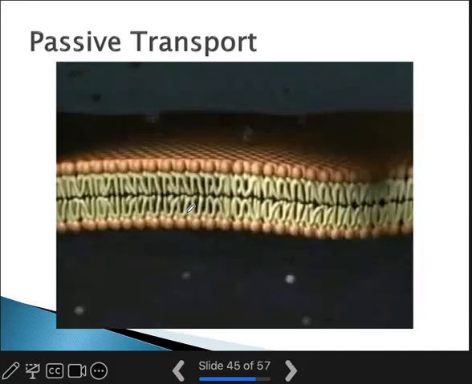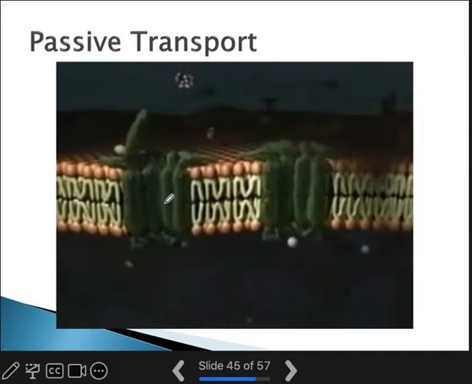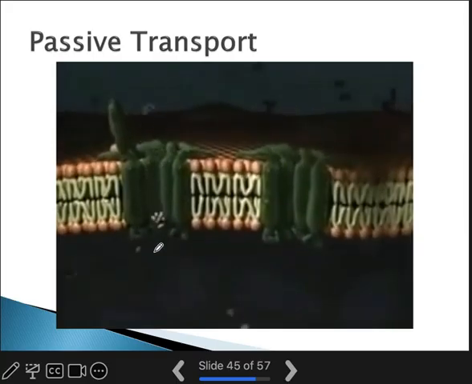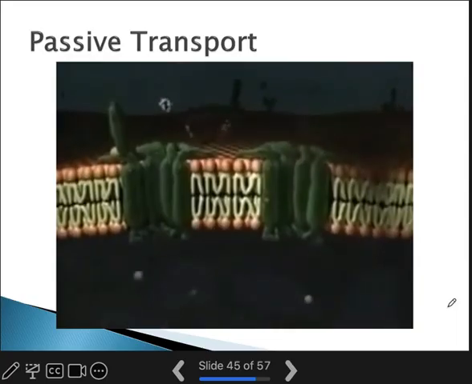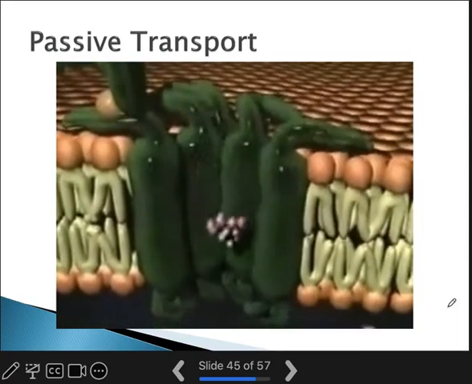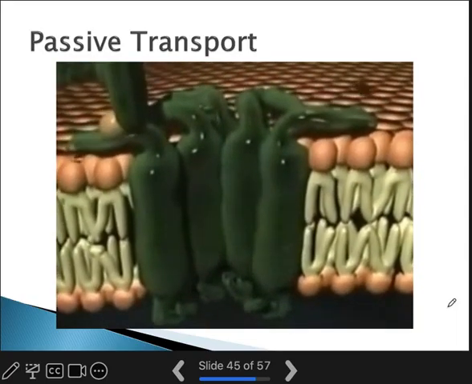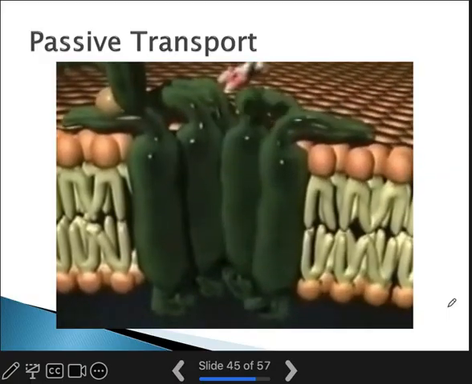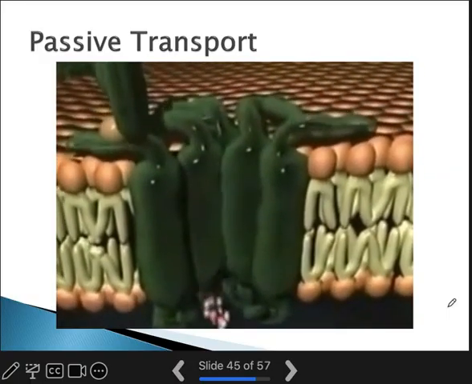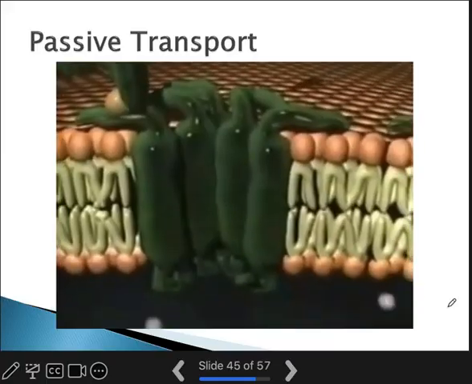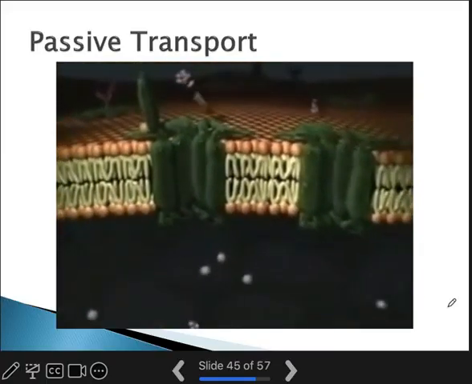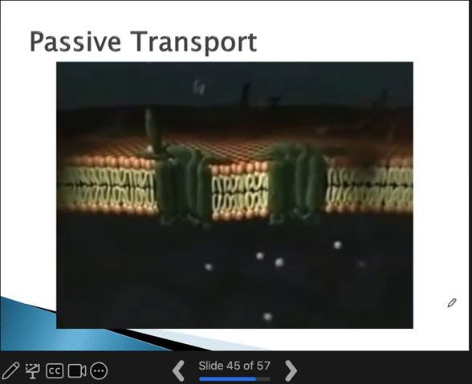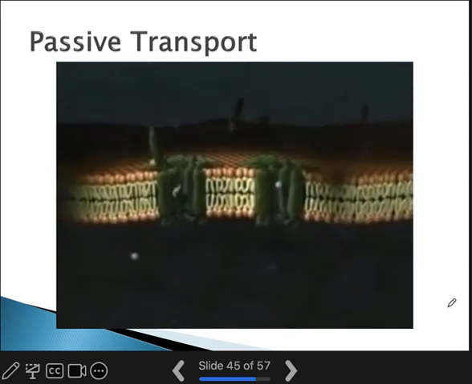All right, so in this case, some proteins in a cell's membrane act as channels for specific ions or molecules. These channel proteins don't use energy at all. They simply allow the materials to naturally diffuse from the side with more solutes to the side with less. Whether the direction is out or in depends on where the concentration is higher for each different solute.